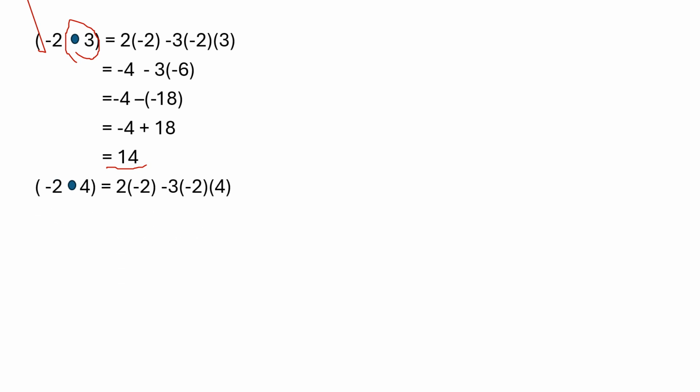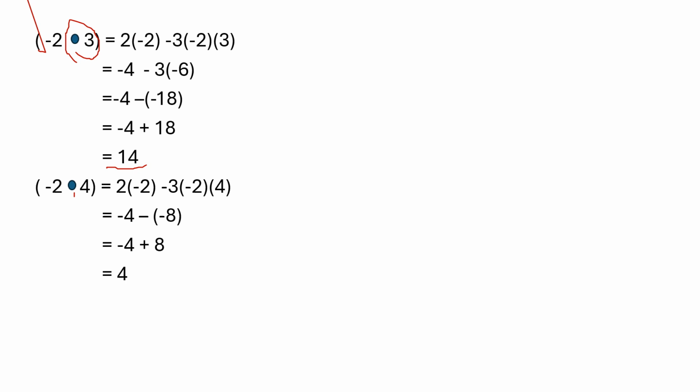So we take the second operation, or the second bracket on the right, and then we use the rule given to this binary operation, and we do our substitution, and we have negative 4 minus negative 8. Then we have negative 4 plus 8, and that gives us the answer to be 4, right?